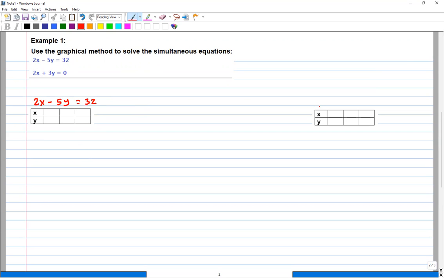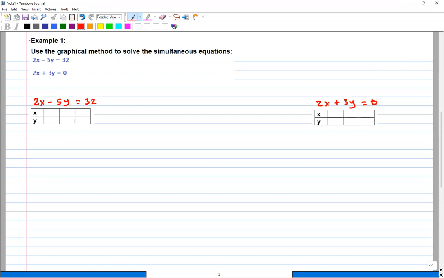And here, let us have 2x plus 3y is equal to 0. Now, we are going to get x and y values for each equation. Actually, we just only need 2 points to know this line, but we use the third point for accuracy to make sure that everything is accurate.